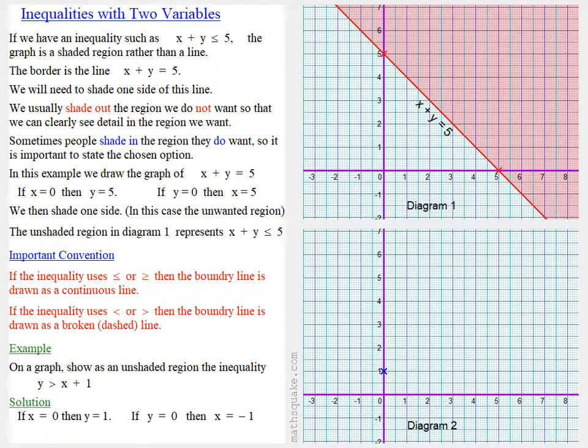If y is 0, then x equals minus 1, and mark that point. We can draw a line through those 2 points, but we draw it as a dashed line because there's no equals in the original inequality. And then we have to shade one side or the other. Now in this case, the unshaded region is the region we want.